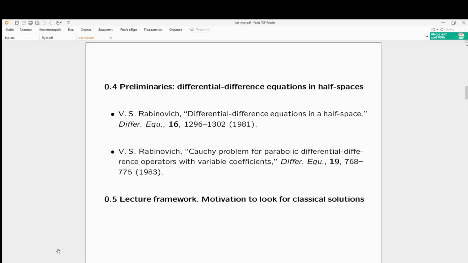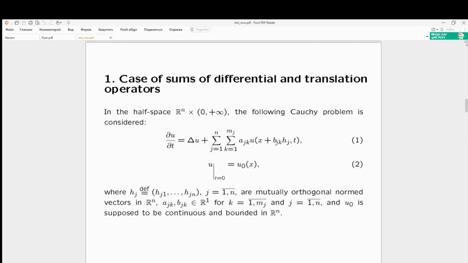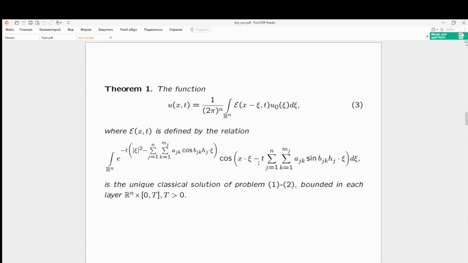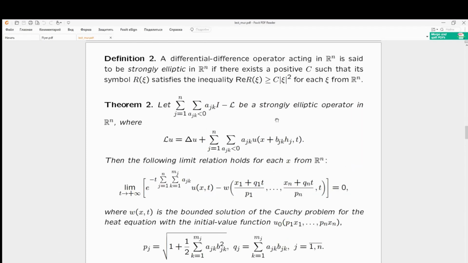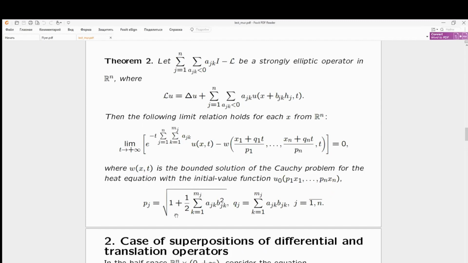u0 is our original initial value function, but it is taken at this point where pj is defined as follows and qj is defined as follows.